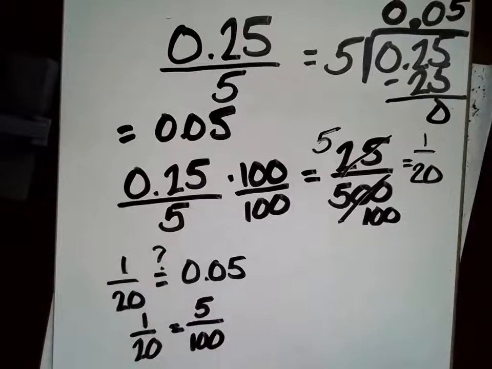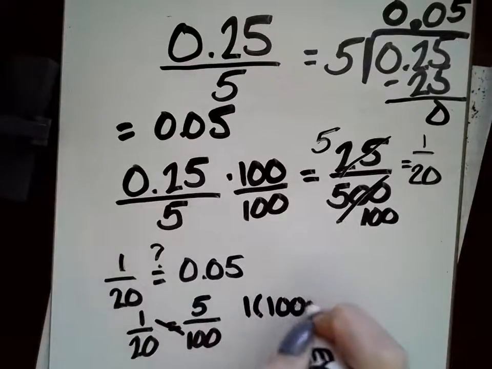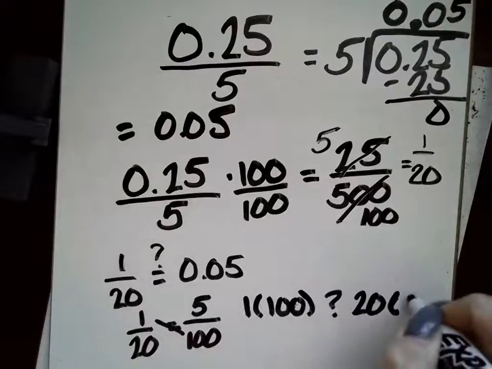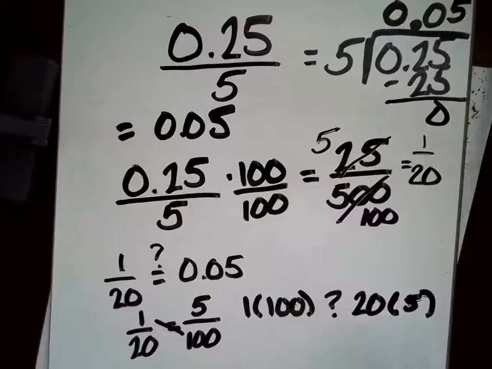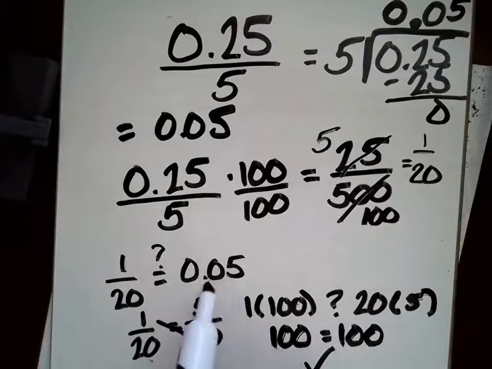So you can check by cross multiplying. 1 times 100. Ask yourself, does that equal 20 times 5? Sure enough, 100 equals 100, so they are equivalent. 1/20th is simply 5 hundredths reduced.